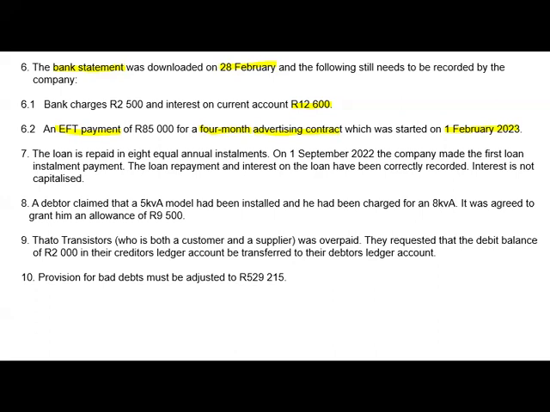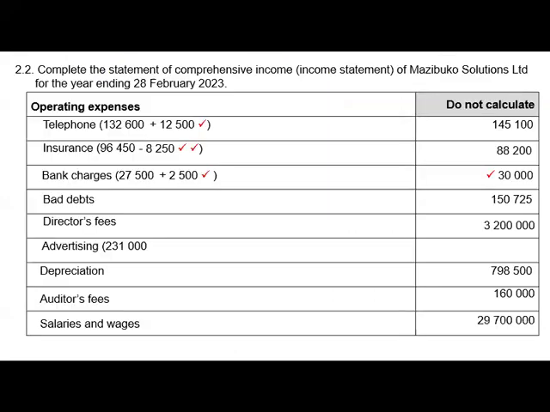It means our advertising expense has been understated by a quarter of 85,000 Rand. I prefer to show it as workings, and that will give us our total. I added it to advertising because it's what we incurred for the month of February. It's within the current financial year, so we need to add it.